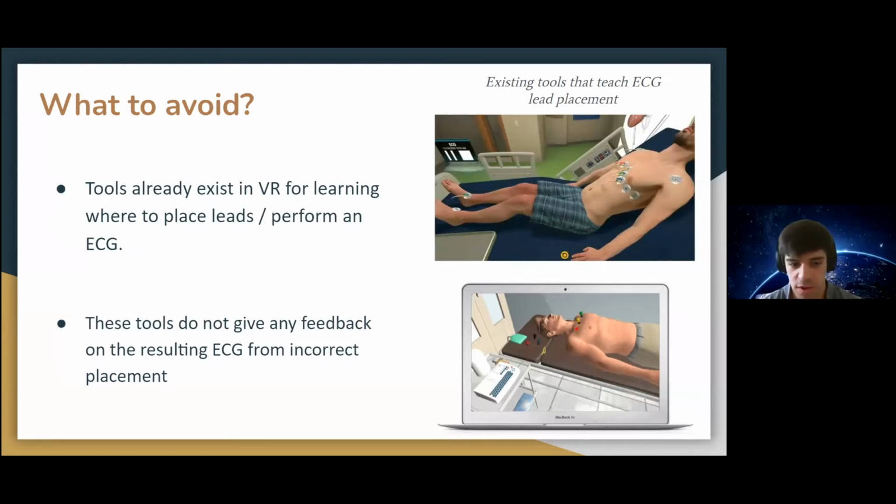But what is novel, what these tools don't actually cover, is a generation of an ECG, of this graph, in real time. And so even though they provide a patient to work on, it's still just a show and tell piece because it doesn't actually teach this spatial understanding of the ECG.